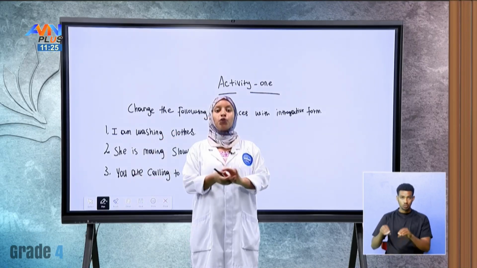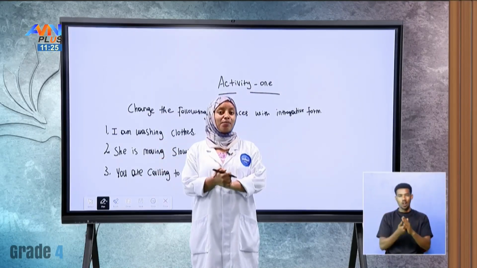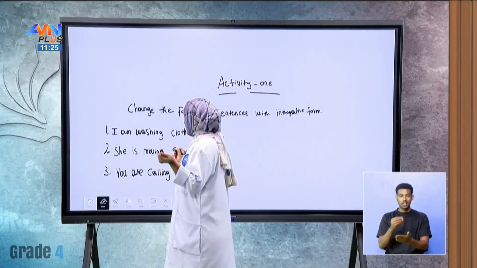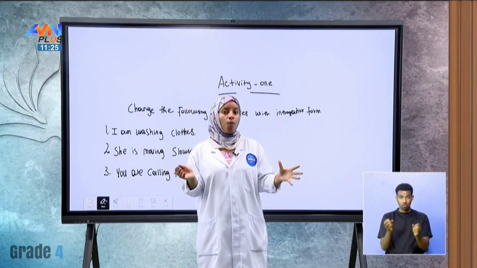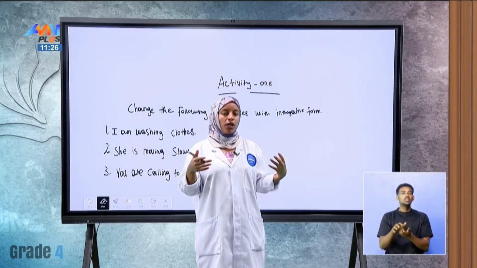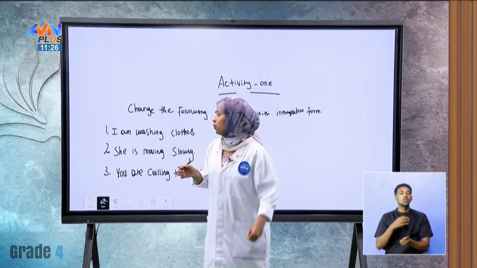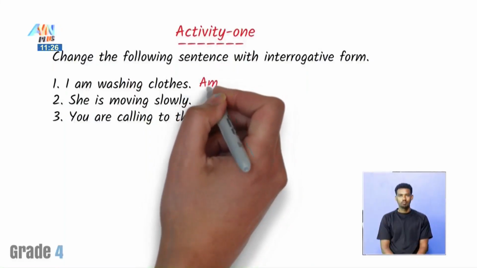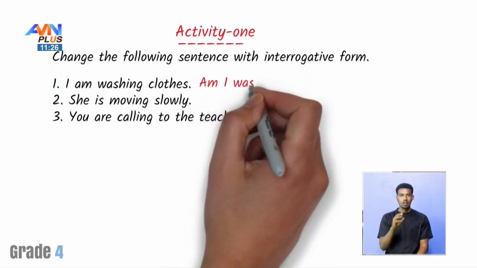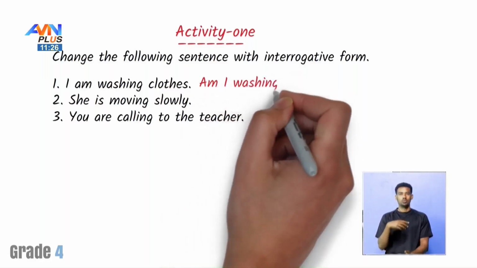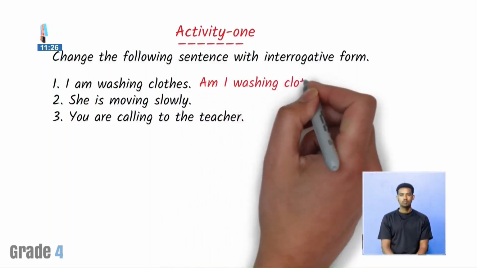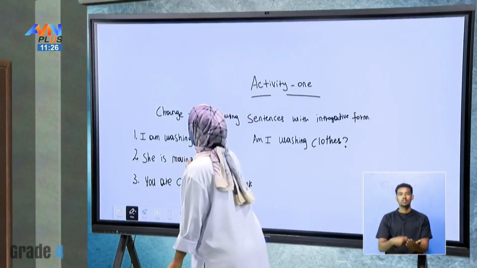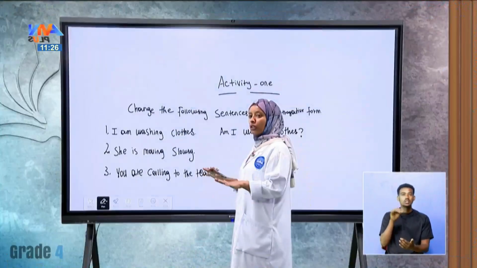Students, I hope you all have finished. And let me give you the correction and practice together. So, I am washing clothes. When we change the sentence by using am: am I washing clothes? Question mark. Here is, she is moving slowly.